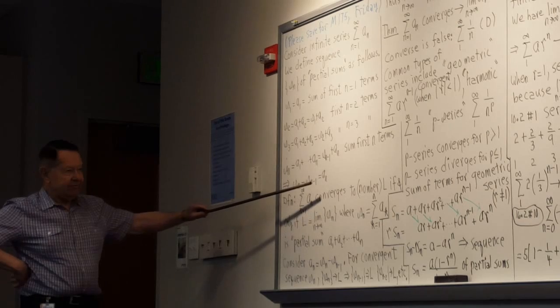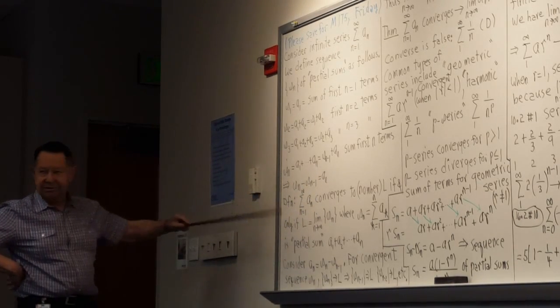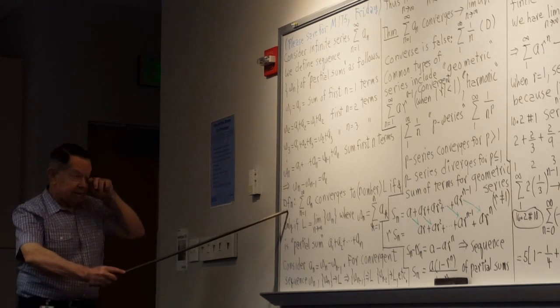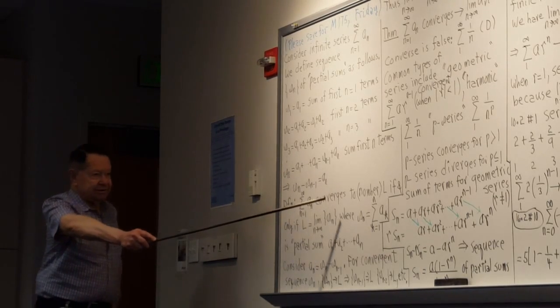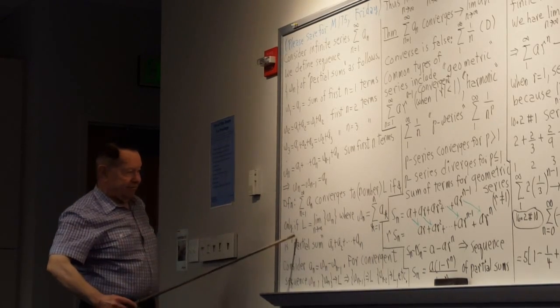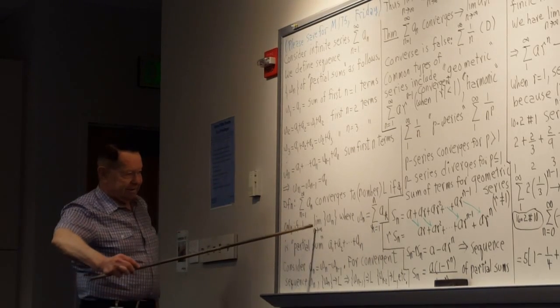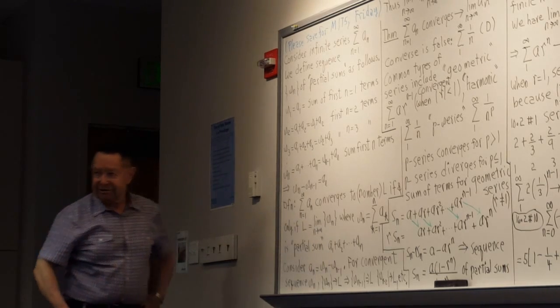Because convergent series means that the sequence of partial sums converges. That's what I'm saying here. Definition: a series converges to some number L if and only if L is the limit of the sequence of partial sums.